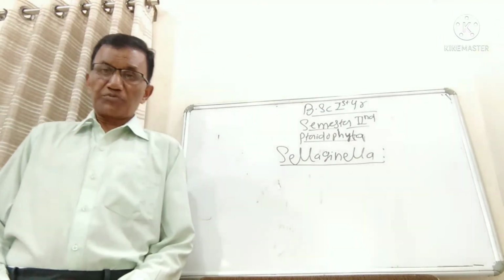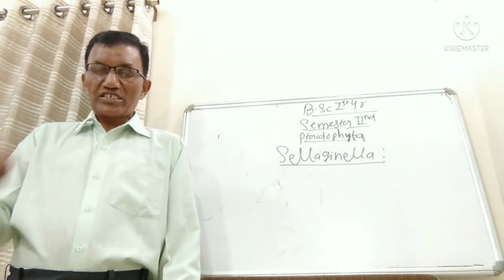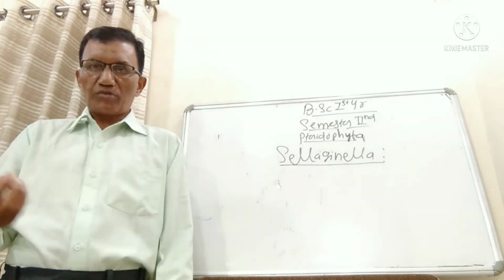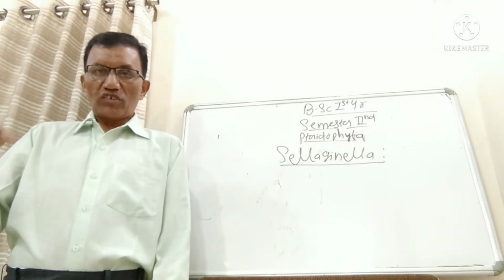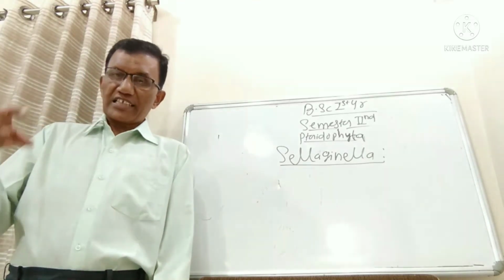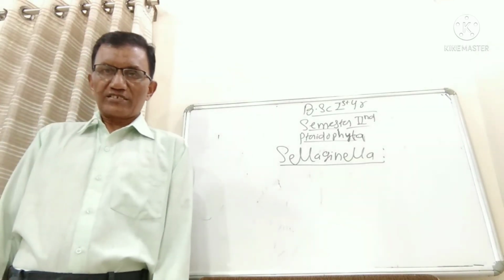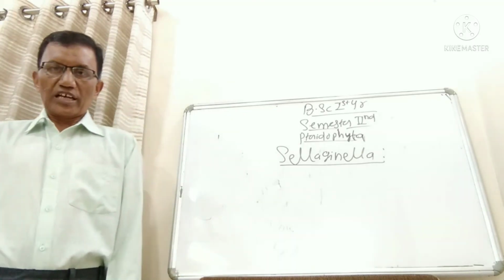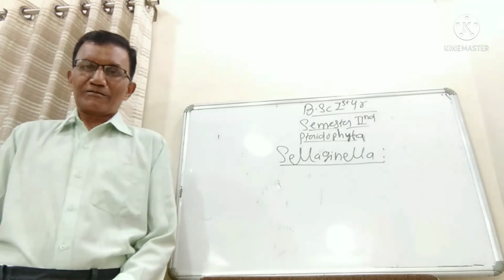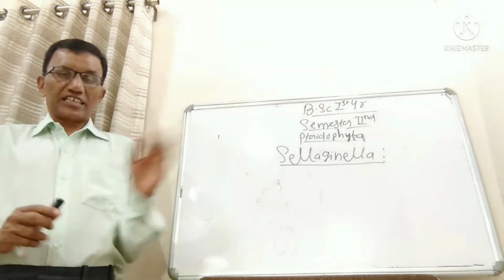While describing reproduction, how the gametophytic phase starts, the structure of the gametophytic plants, the structure of antheridium and archegonium, then antherozoids, egg, then the process of fertilization, zygote. From that zygote, again there is formation of a new sporophytic plant of Selaginella. So this is the complete life cycle of Selaginella.